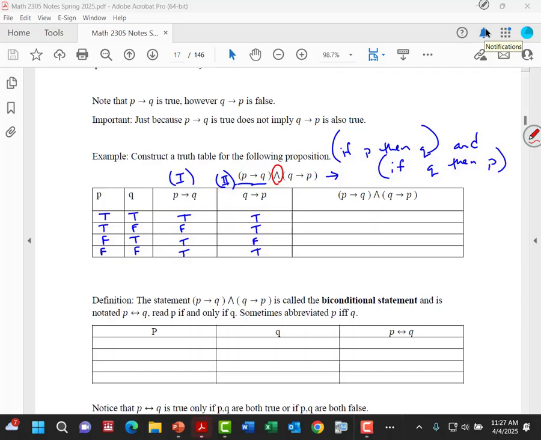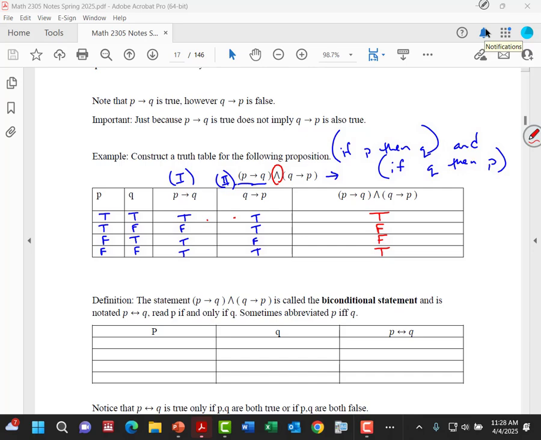So if both of these are true, then the connector and is also true. However, if one is false and the other is true, then the and is false. If one is true and the other is false, then the and is also false. And if both of them are true, then the and is true.